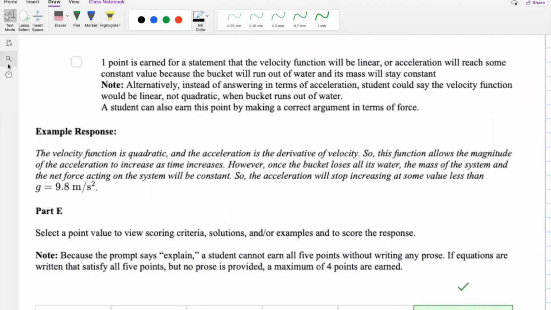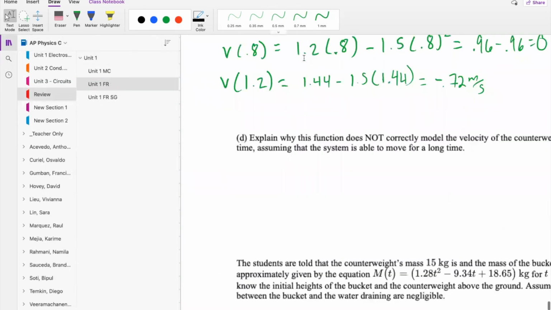Okay, so let's go ahead and look at part E, and I think we're in the home stretch for this question.